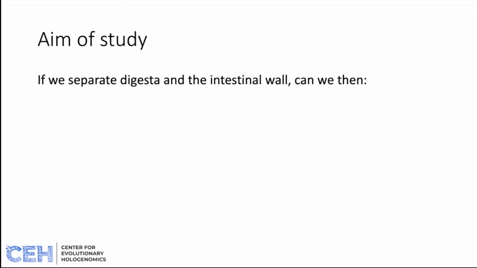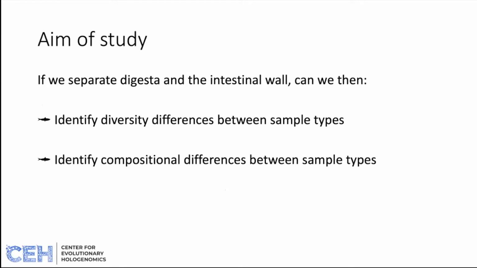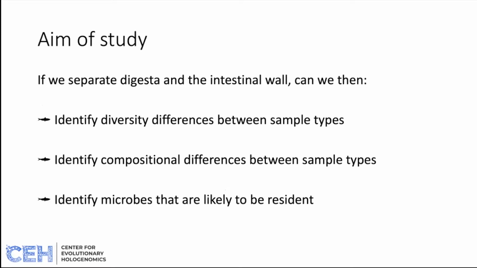This is what we wanted to test in this study, to see if this third method is capable of capturing two different communities, both in terms of diversity and of course compositional differences. The last thing we wanted to do is to see if we could potentially identify microbial families that are likely to be resident.